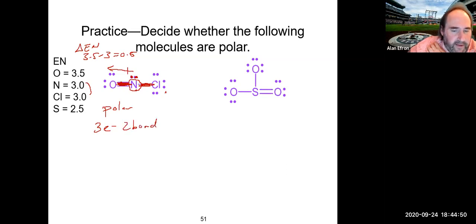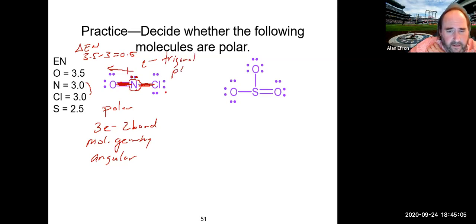So 3 electron pairs, 2 bonds. The molecular geometry of this molecule is angular. The electron pair geometry is trigonal planar. But the overall shape of it is angular.